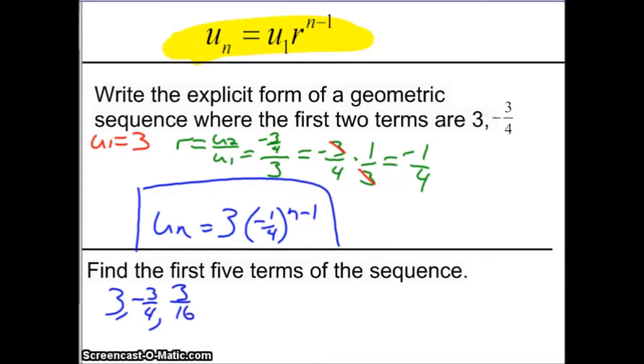Remember, negative times negative is a positive. 3/16 times -1/4 is -3 over 4 times 16 is 64. And then that term, -3/64 times -1/4 is positive 3 over 64 times 4 is 256. So there's the first 5 terms of this sequence.